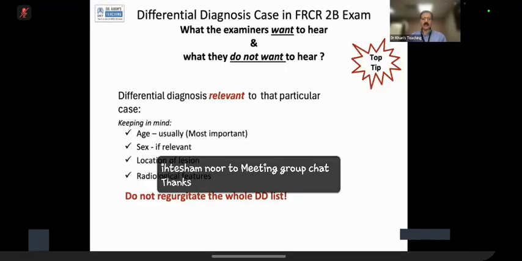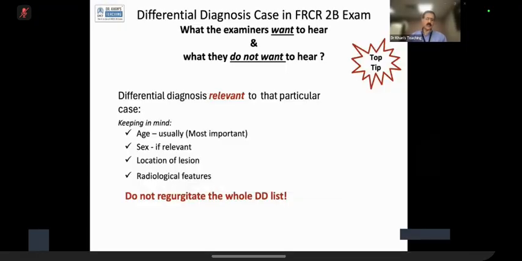Now, slightly coming out of the case, the takeaway for the FRCR exam regarding differential diagnosis cases is that the examiners want to hear the differential diagnosis for the case they are showing you.